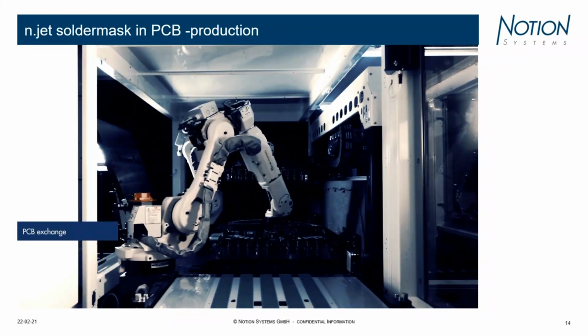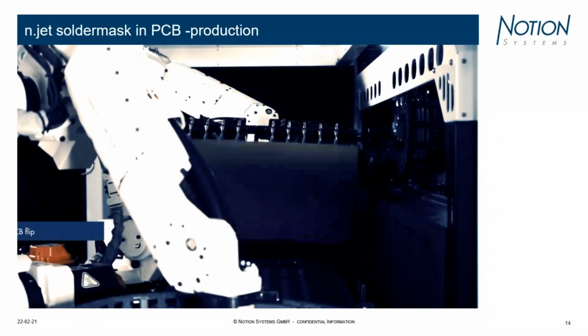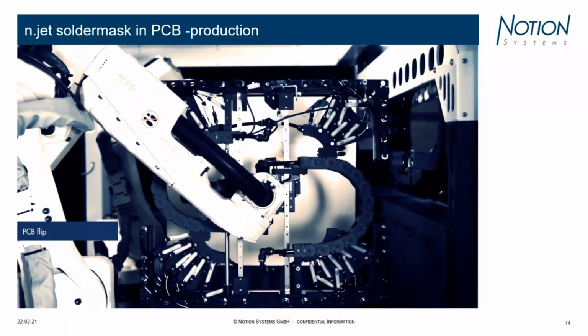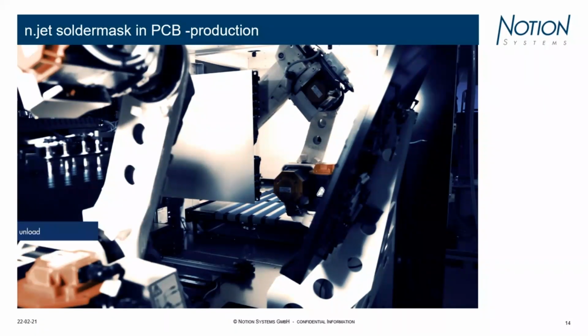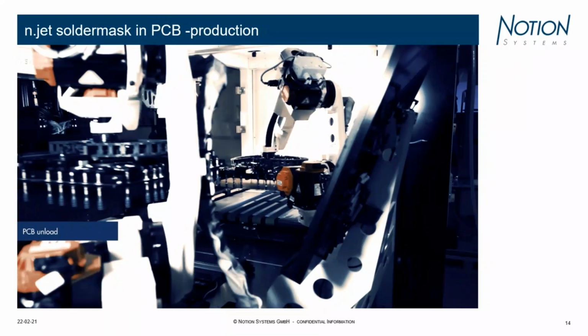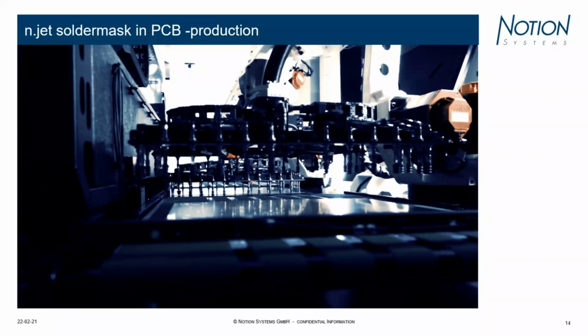Then you have a flip of the panel, because you want to print the solder mask on both sides. It's all fully automated and working in production. Just to put in another number: one of our clients, Weird Electronics CBT, made a calculation.